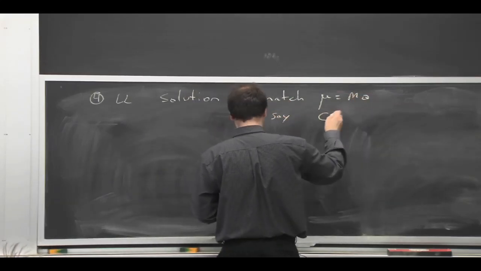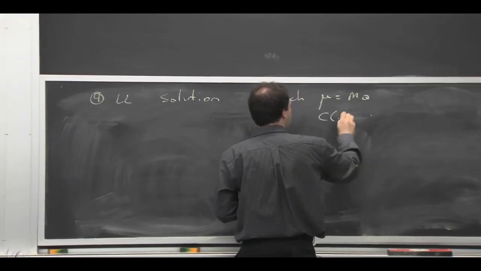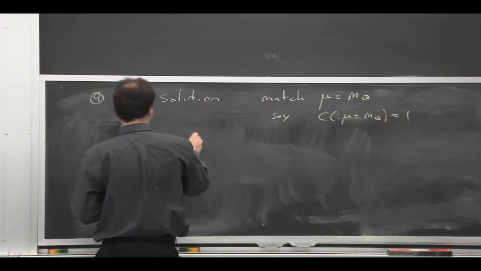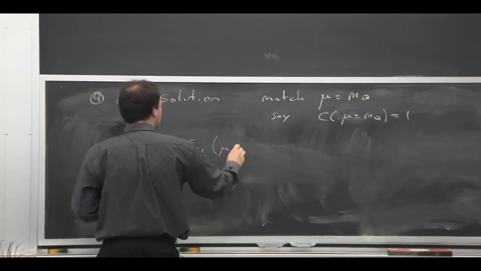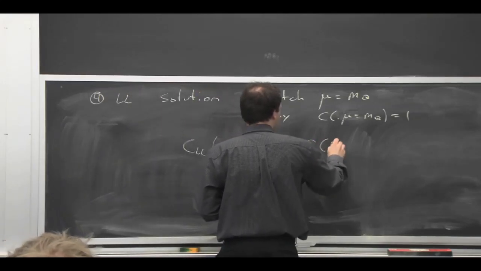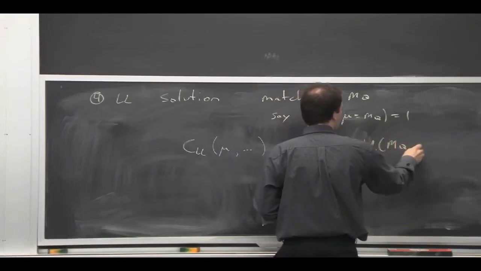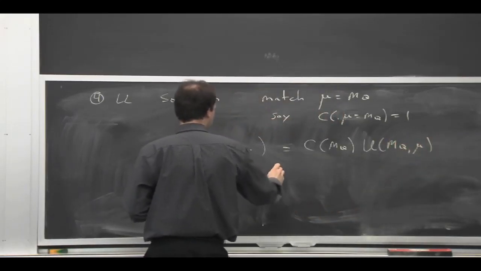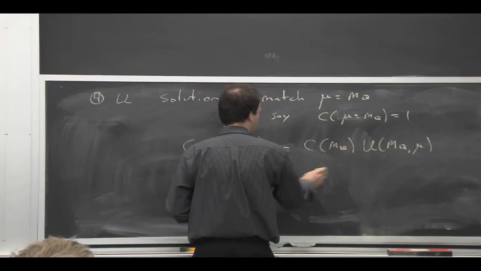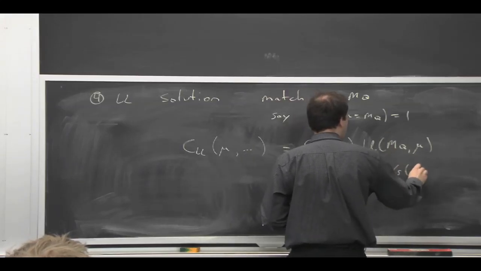And at that scale, you can normalize things so that the Wilson coefficient at mu equals m_q is just 1 at tree level. And then the leading log result is a function of these various things, which in general is C of m_q times some evolution from m_q to mu, suppressing some of the dependencies. The leading log result is 1 for this. And then this guy at lowest order is just a ratio of alphas again.